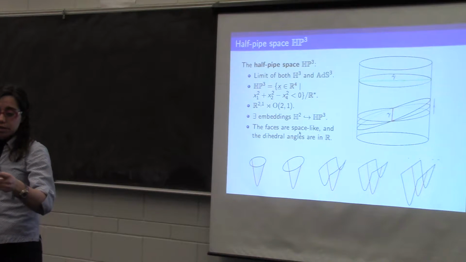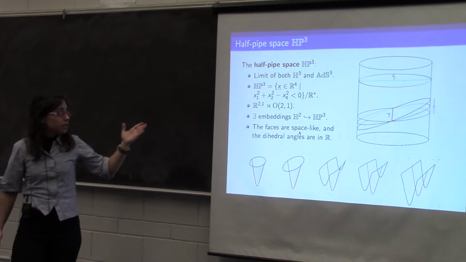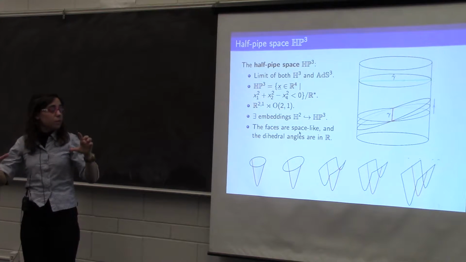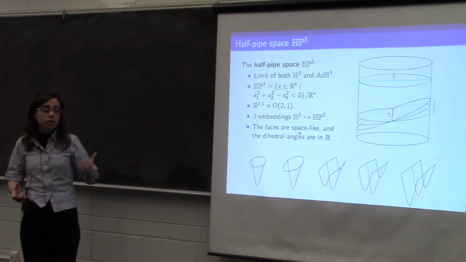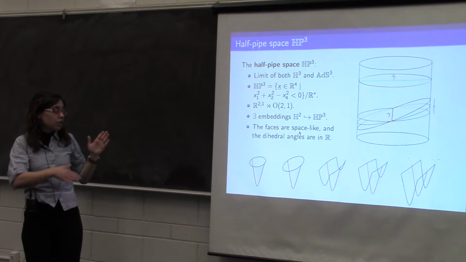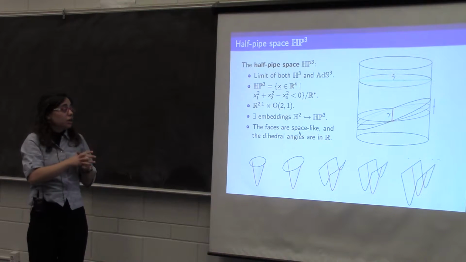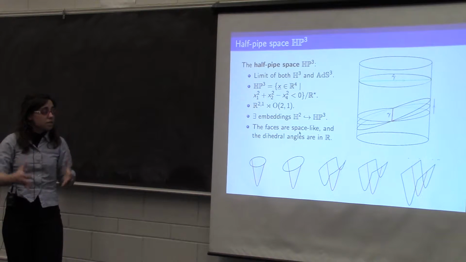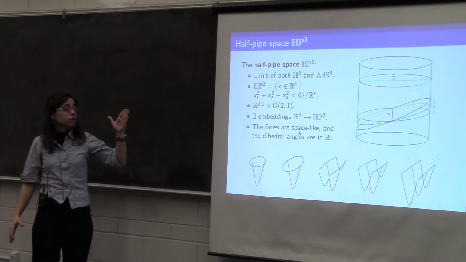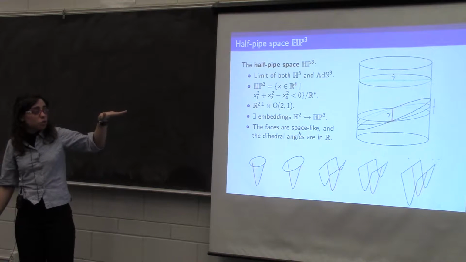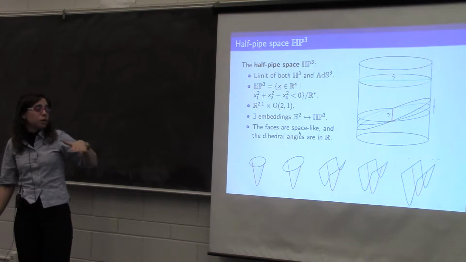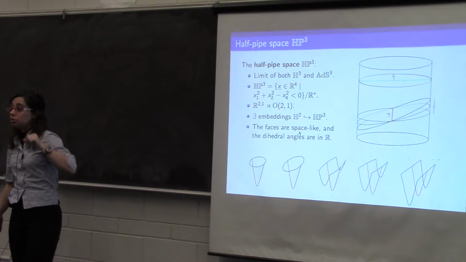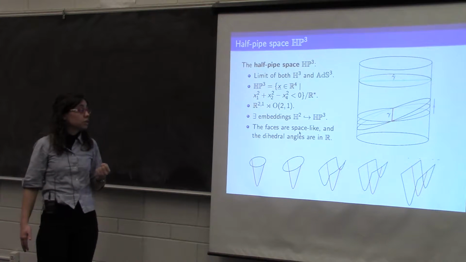But the point is that here you do exactly the same process as before, but your inner product is degenerate, okay? And so then you have this space where the boundary is a cylinder, and again the x1, x2, x4 plane gives you an embedding of H2 inside your space, okay?